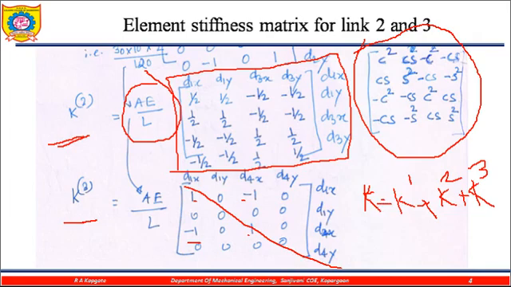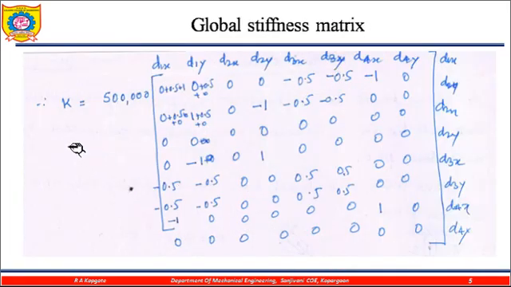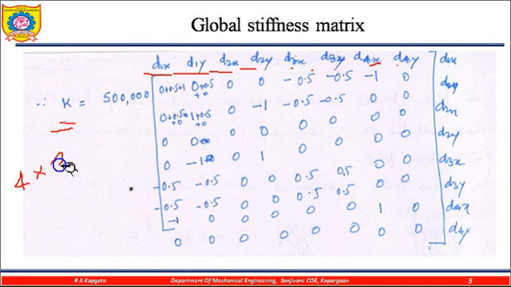This is my global stiffness matrix, with d1x, d1y, d2x, d2y, d3x, d3y, d4x, d4y. Now why is this an 8 by 8 matrix? Because we have four nodes, and every node has two DOF, along the x-axis and along the y-axis. That's why this is my 8 by 8 matrix.